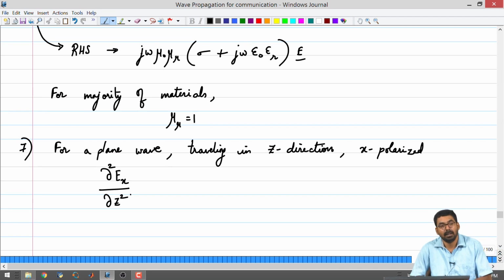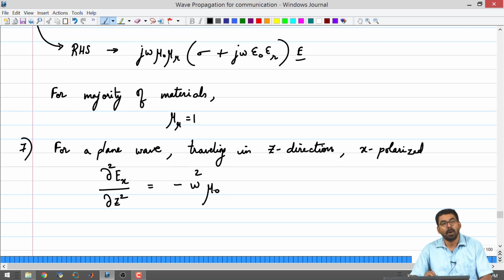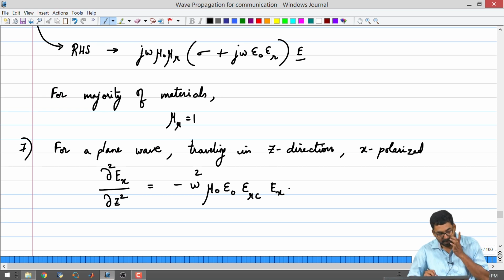dou square Ex by dou z square, the left hand side of the wave equation, alright, is equal to minus omega square mu naught. I am assuming mu r to be equal to 1. Okay. So, I will just write down epsilon naught epsilon RC Ex. Okay.